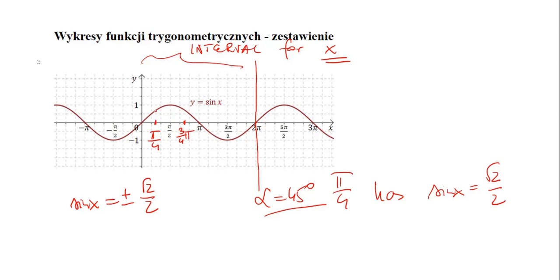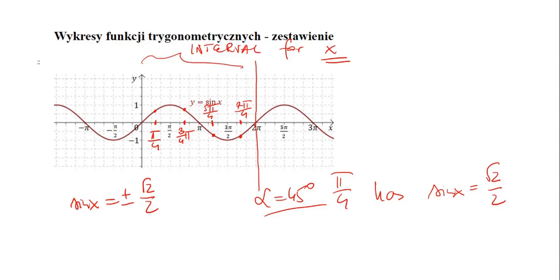Okay, so there we go, this point, and of course we can have negatives, so we need to go here in the middle, right, and this point and this point, and it's going to be pi plus pi over 4. I'm gonna just check if we have the good answers here. Yeah, so pi plus pi over 4 is 5 pi over 4, and here we have 7 pi over 4, right?